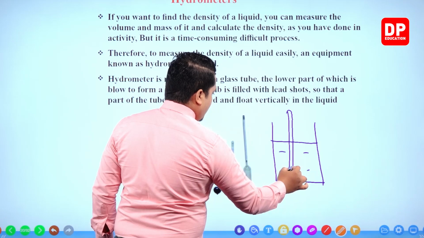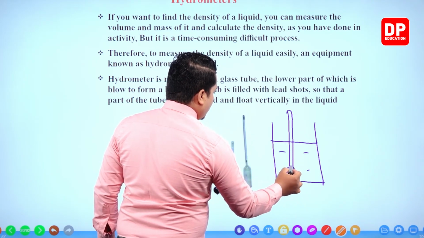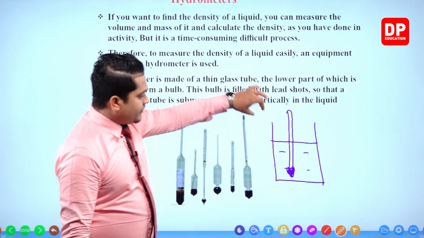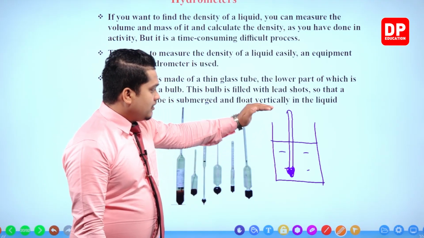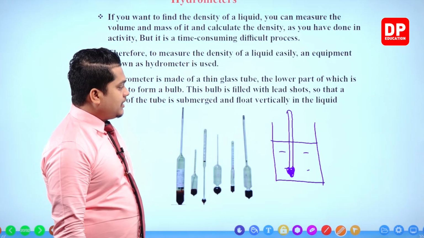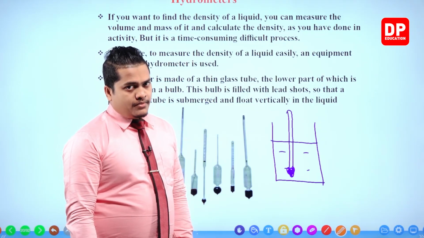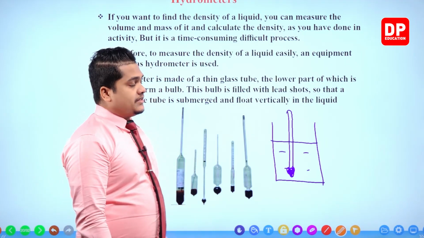You dip the hydrometer, and as it has a greater mass at the bottom, it will dip within the liquid and float vertically like this. Then by using the scale on the hydrometer, we can measure the density. So this is the way of measuring the density by using the hydrometer.